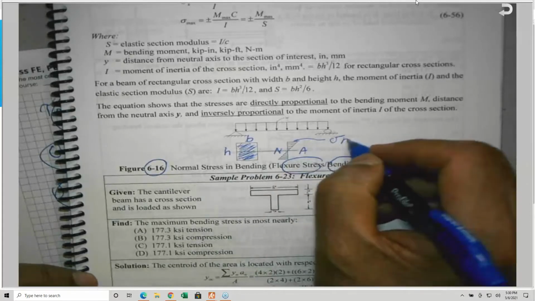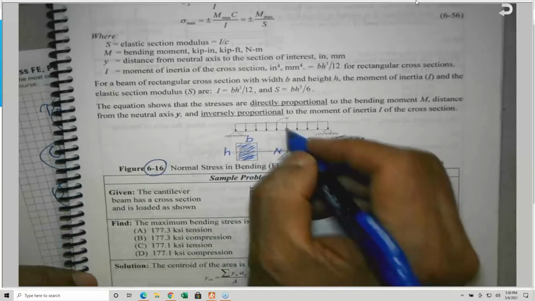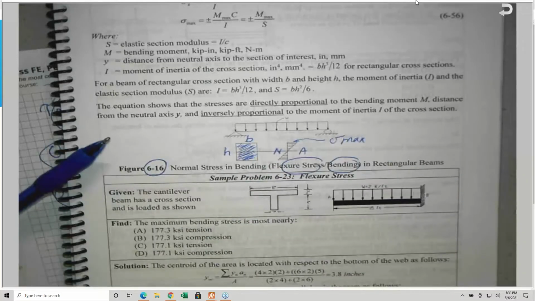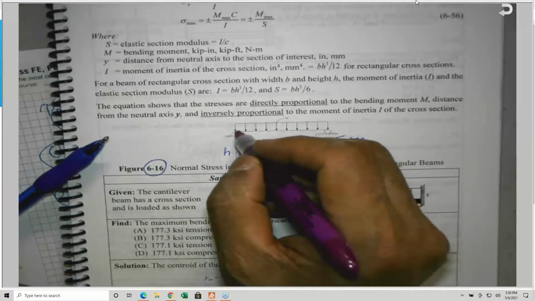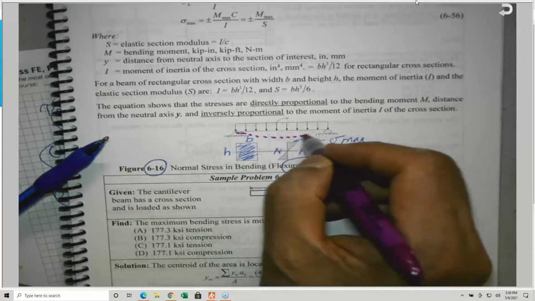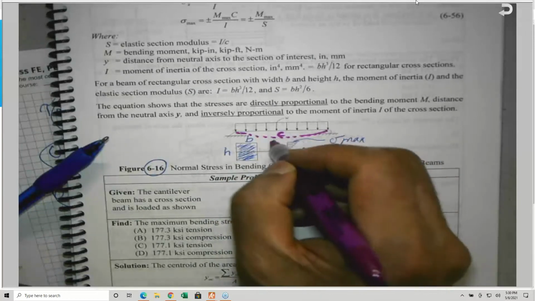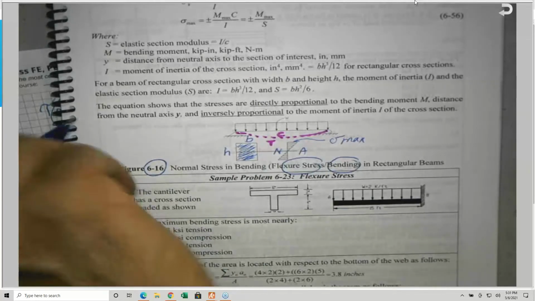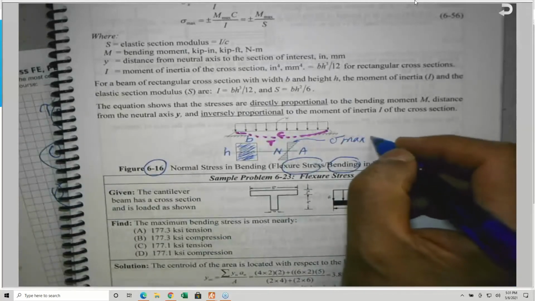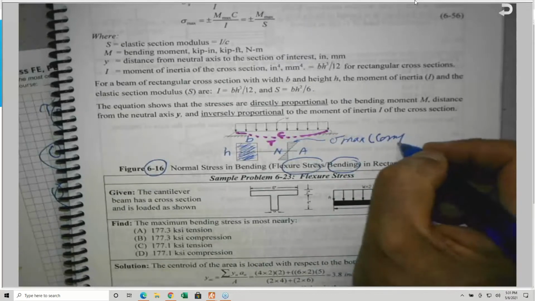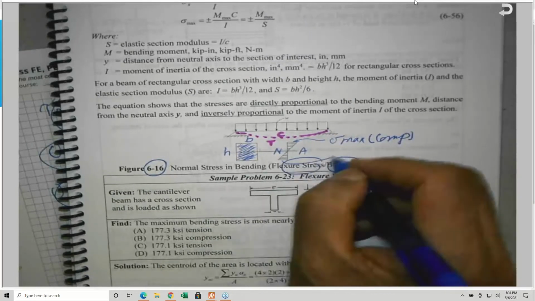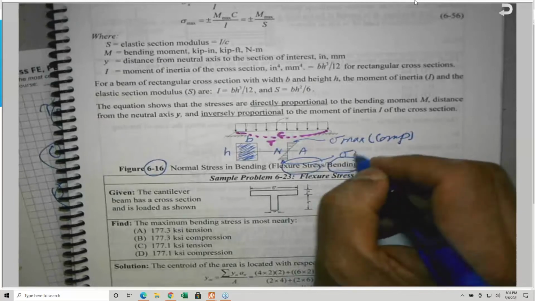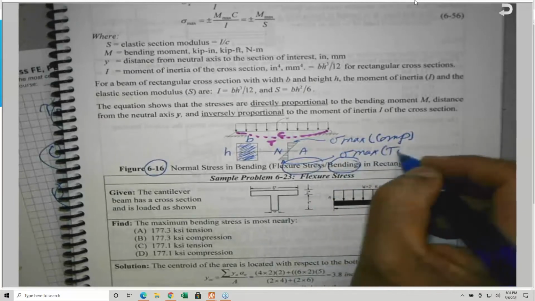In this case it is a simply supported beam, so the beam will deflect like this. This is compression and this is tension. So the top fibers will be under compression, so this is sigma max compression, and here is sigma max tension.